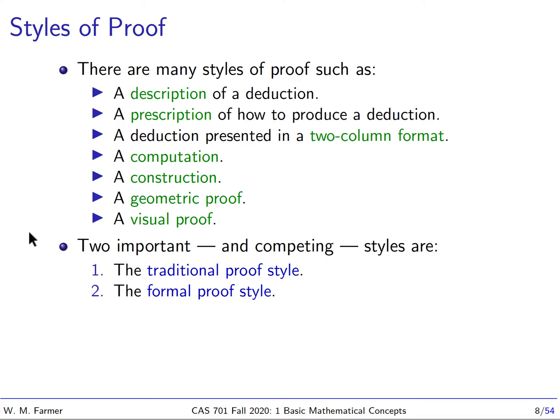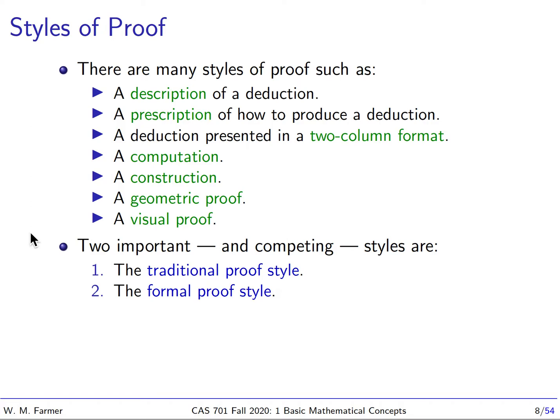Another kind of proof that people are often very interested in are constructions. So we have a conjecture that says there exists a certain kind of object. So we construct it. We construct it from the things we know about. Of course, there are geometric proofs.